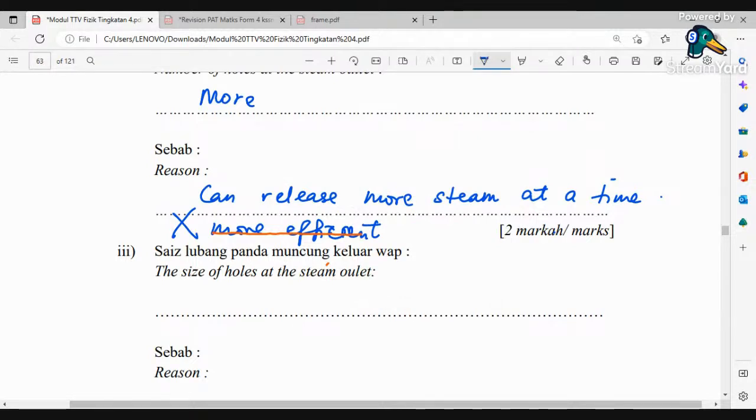Okay, the size of holes at the steam outlet. Okay, steam outlet, the size is smaller. Okay, kita nak spray out at high speed. Okay, we want to spray out the steam at high speed.